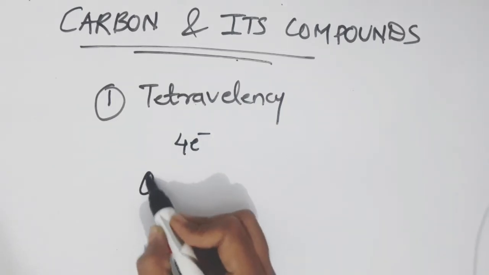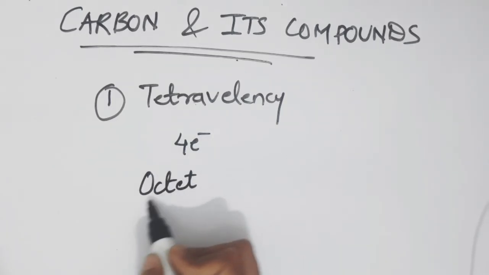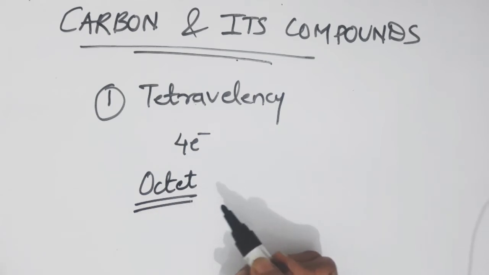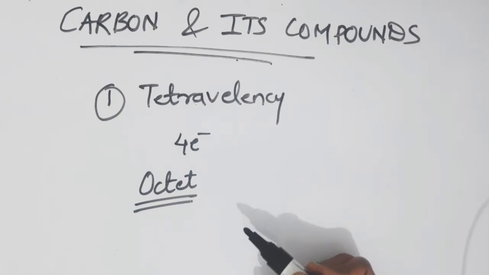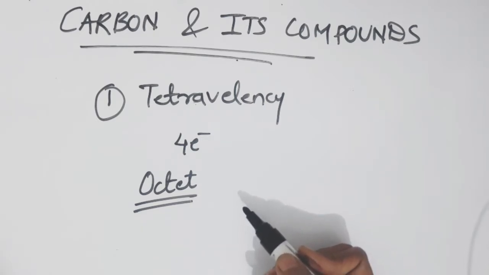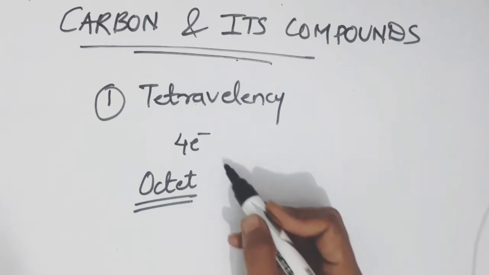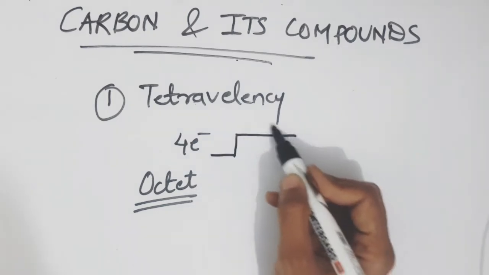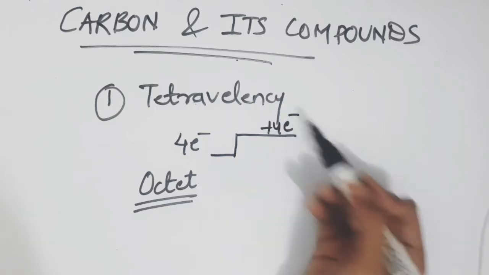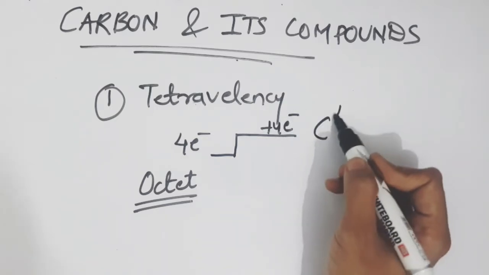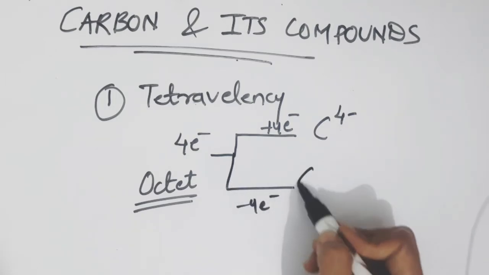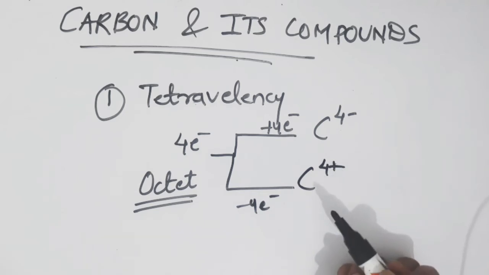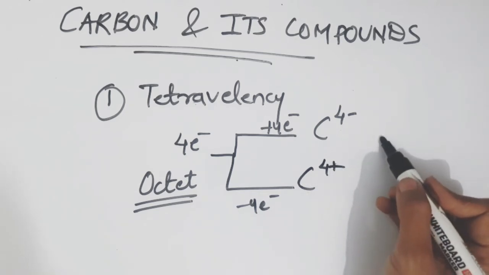To complete the octet, that is completing 8 electrons in the outermost shell to achieve a stable configuration like the noble gases of group 18, carbon either needs to gain 4 electrons, forming a C4 negative anion, or lose 4 electrons, forming a C4 positive cation.